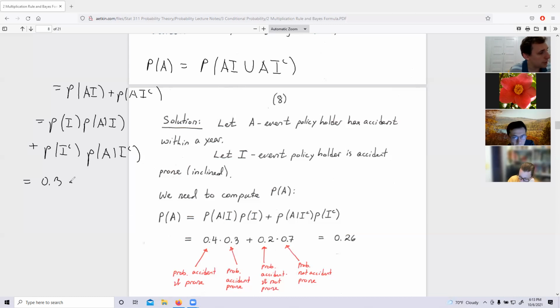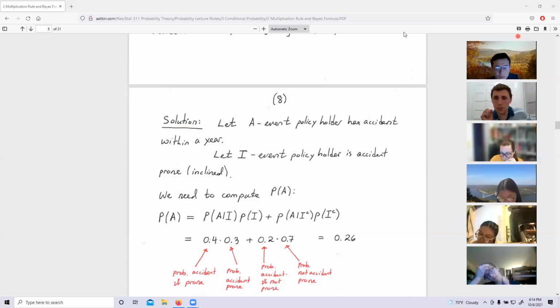And probability of having an accident is 0.4, plus the probability of not being inclined is clearly 0.7. If 30% are inclined, the rest are not inclined. Times 0.2. And the result is 0.26.